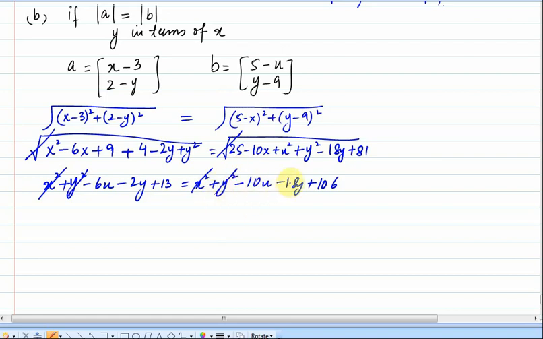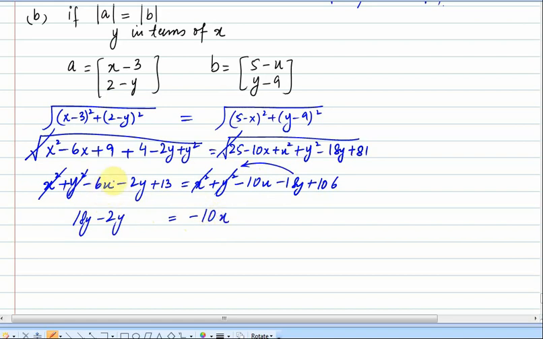So we need to make y the subject, so I will shift minus 18y to the left side. It will be 18y minus 2y. On the right side I have minus 10x.